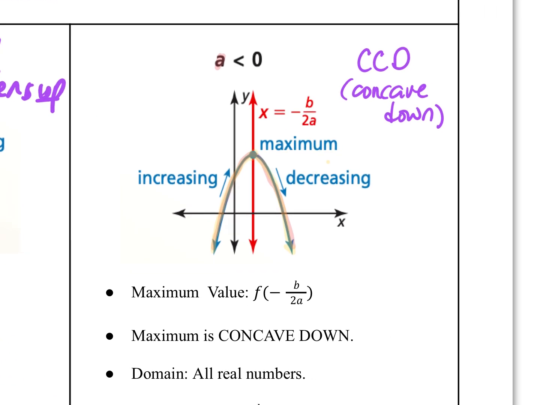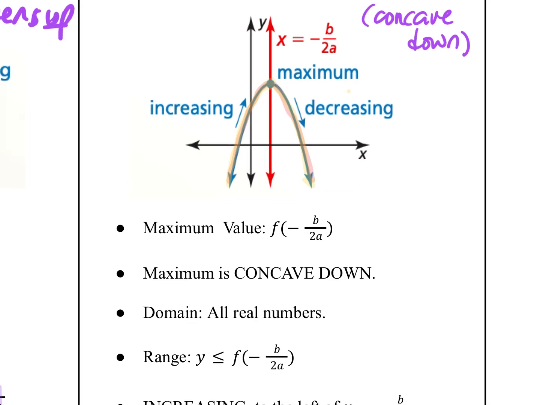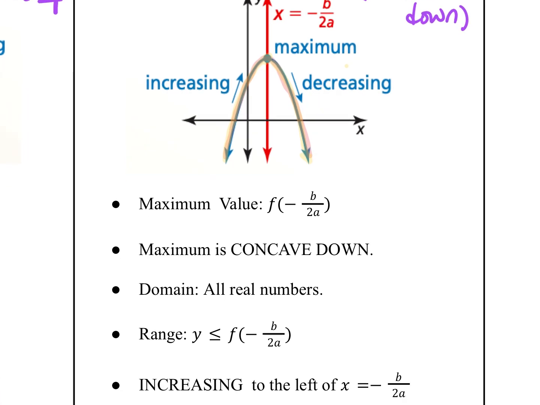Now for the other side, the maximum value is going to be located at your y value, which is still f of negative b over 2a. For clarity's sake, remember that this symbol is going to give you the y coordinate. So basically, your vertex has x and y.